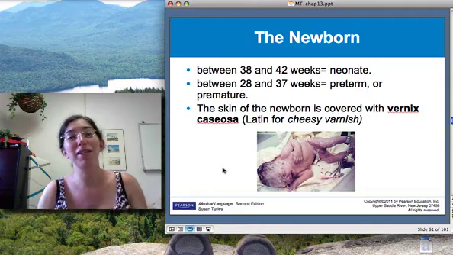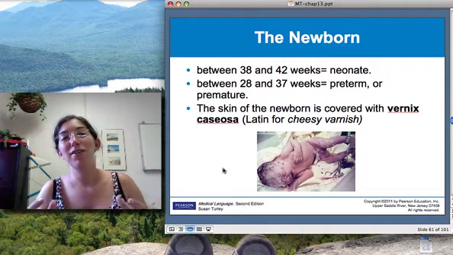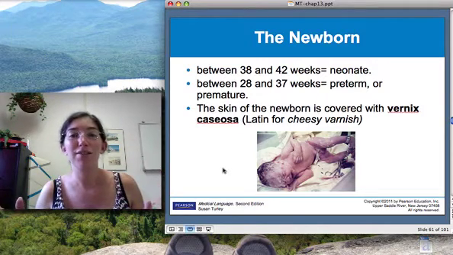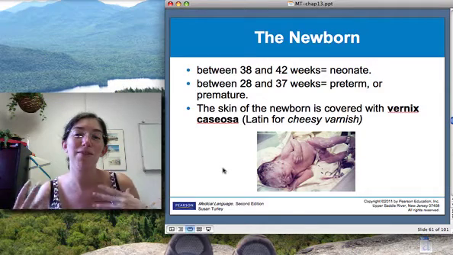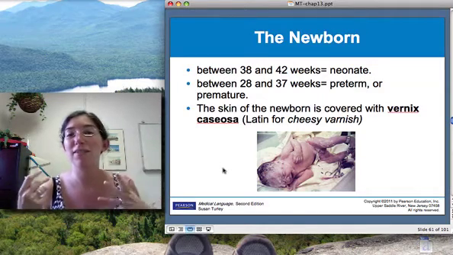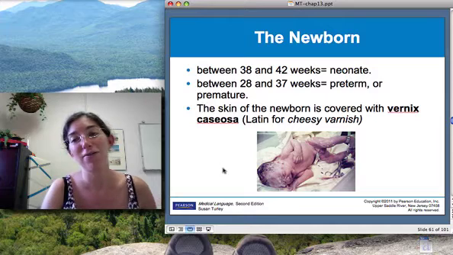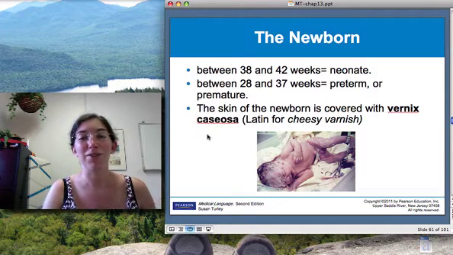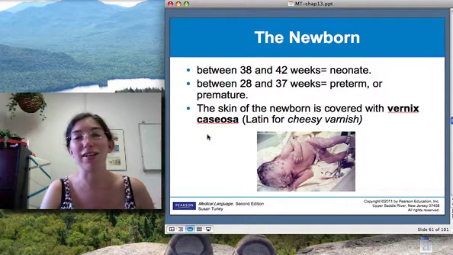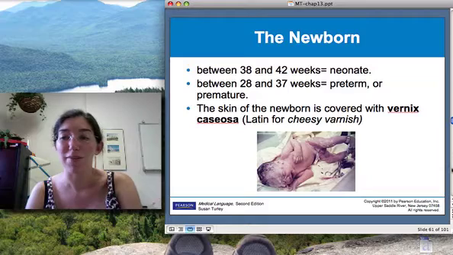So when the infant comes out, it's going to be covered in all kinds of secretions, but one of the things that it's covered in is this cheesy, mucusy, lotiony stuff called vernix caseosa, which literally means cheesy varnish in Latin. And that's what it looks like. It looks like they're covered in some kind of cream cheese or something.